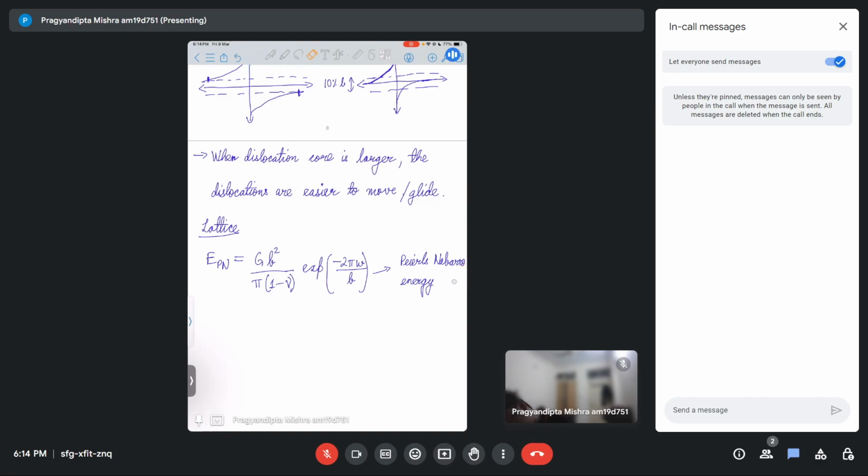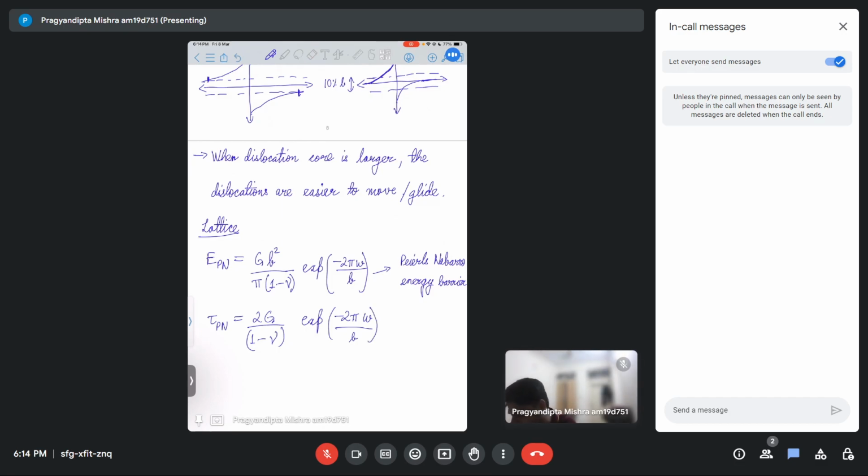And since we know the energy barrier, we can also calculate the shear stress associated with it, which is equal to 2G divided by 1 minus nu, times exponential of the same thing, minus 2 pi W divided by b. So this is the Peierls-Nabarro stress.